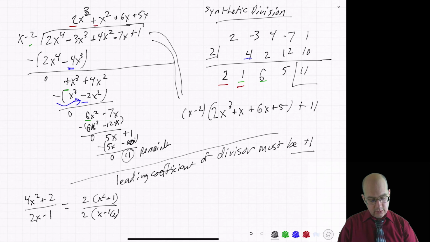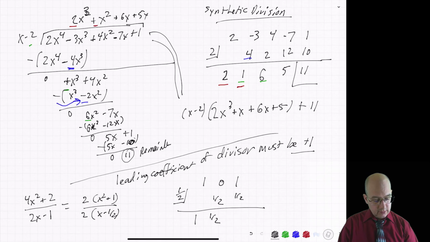And now we could do that division pretty easily. So you could do 1 half here. Fractions are fine. Any number, it's fine. Complex numbers, it's fine. Whatever you want to do. We add in that 0 for the missing 0x, and bring that down. 1 half, 1 half, 1 half, 3 halves, right?